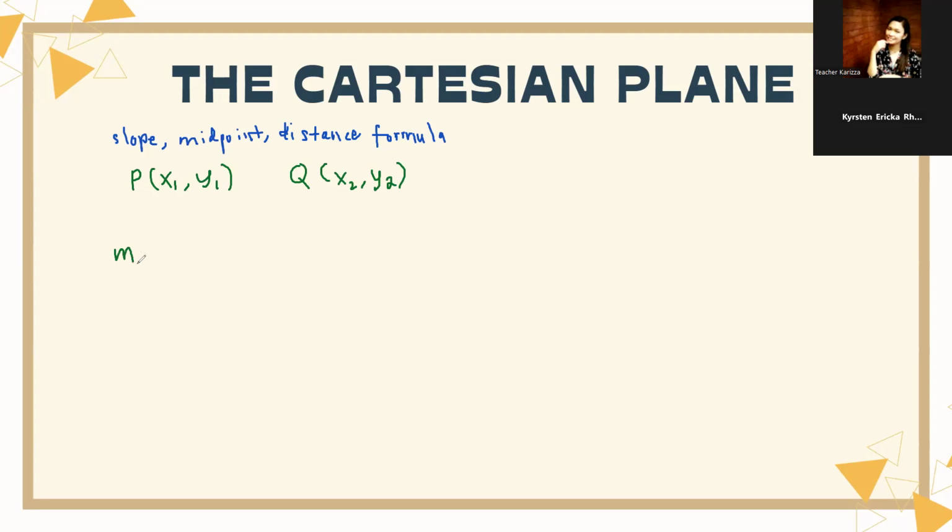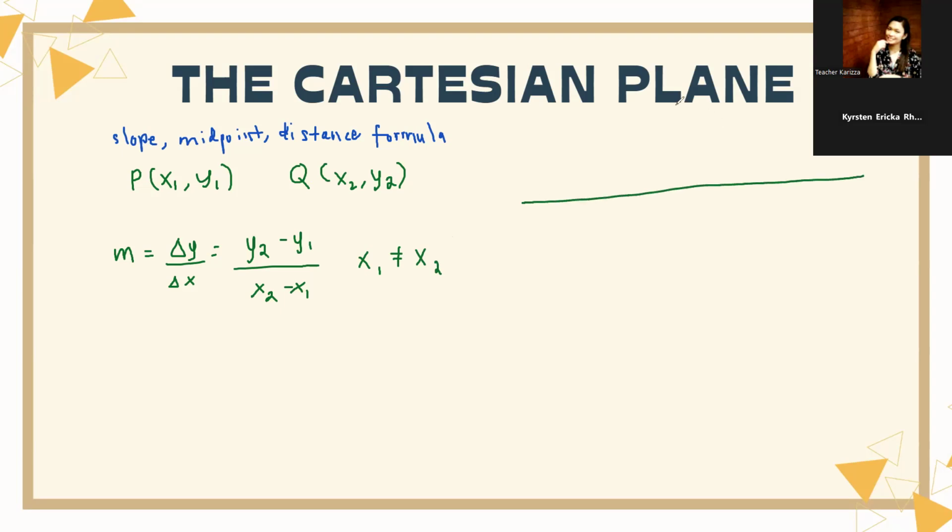M stands for slope. And the formula for this is change in y over change in x. Alternatively, we write this as y2 minus y1 over x2 minus x1. Okay. Provided that x1 is not equal to x2. Kasi if ganyan, walang slope.